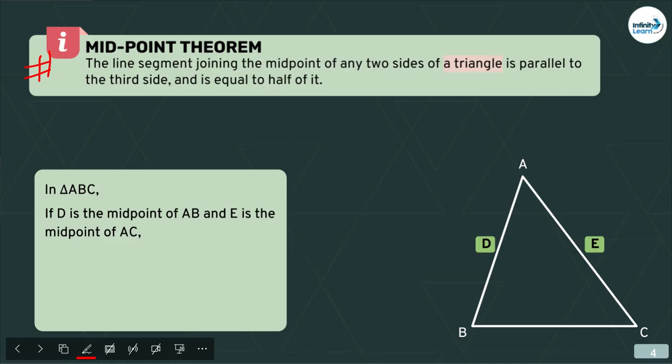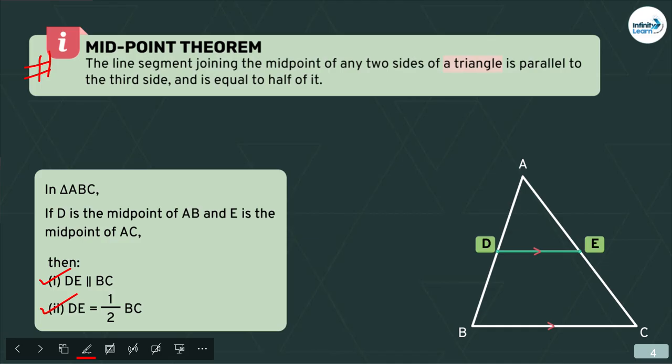D and E are the midpoints of side AB and side AC. This line segment DE joins the midpoints of two sides of the triangle. It is parallel to the third side. DE is parallel to BC, and DE is half of BC. This is the statement of the midpoint theorem.